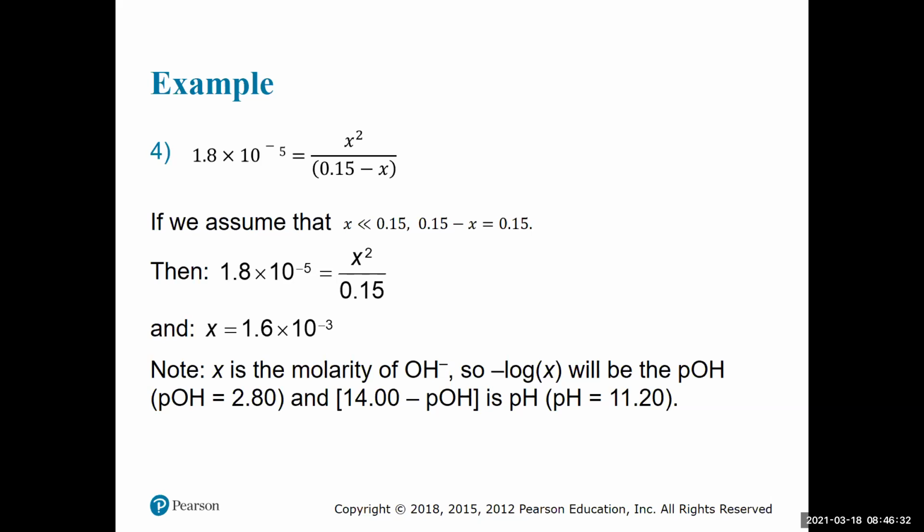And so rarely will someone say, what's the pOH of that solution? They'll almost always say, what's the pH? So for these weak bases, don't get to the end and take minus the log of that and get, in this case, 2.8 and think you're done. You have to then use that relationship between pOH and pH equal to 14 to get your pH.